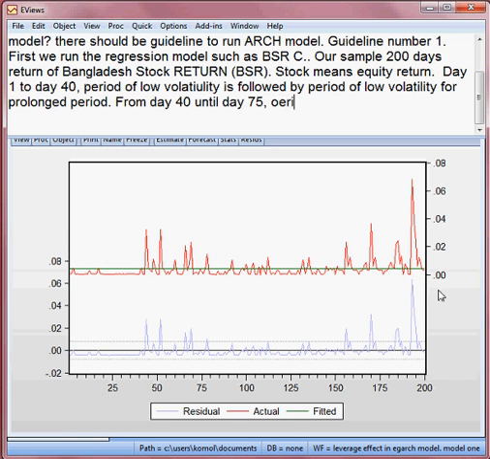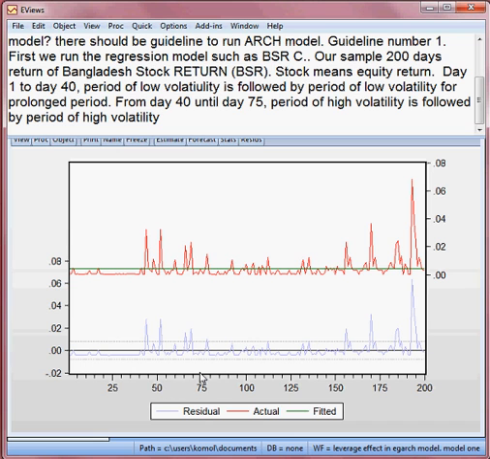Here a period of high volatility is followed by a period of high volatility. That means one high volatility has been caused by another high volatility for a prolonged period.